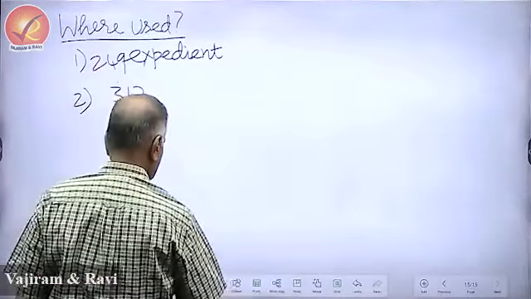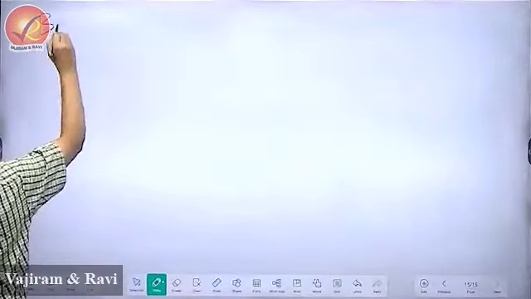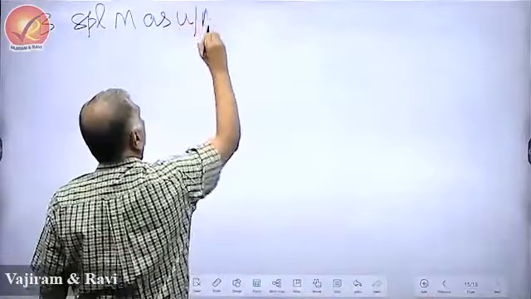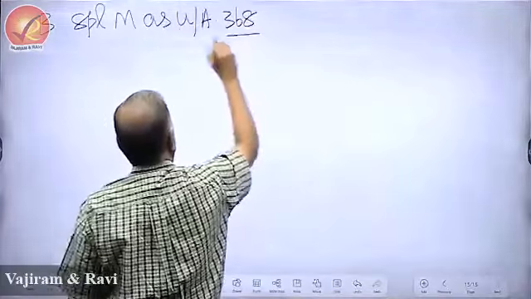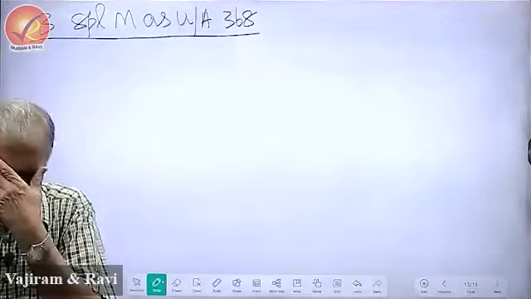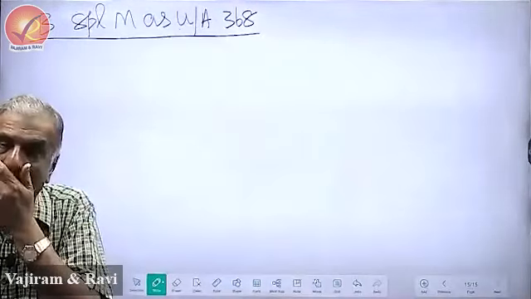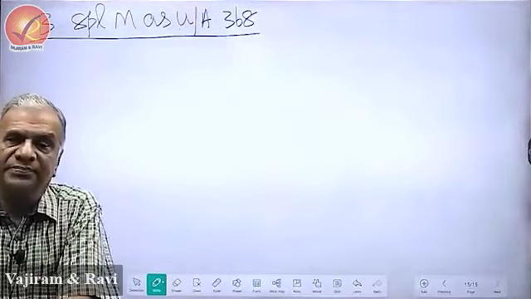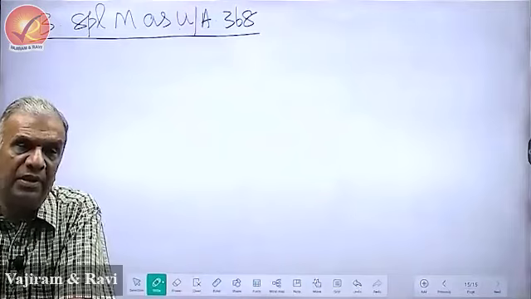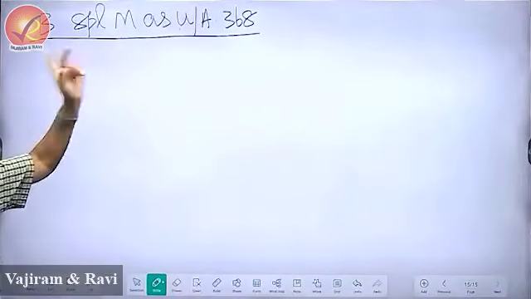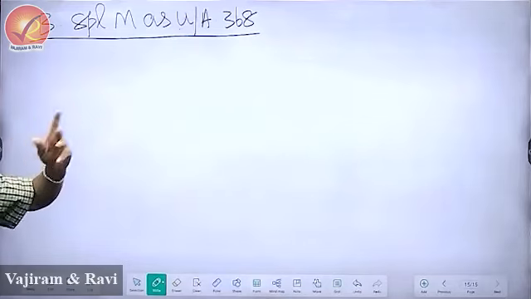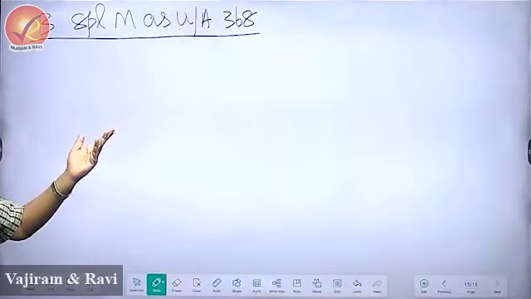Then the next is special majority as under Article 368. So, how is this special majority different from the earlier one? Under this special majority, two conditions are to be satisfied. In the earlier special majority, there was one condition, that is not less than 2/3 of the members present and voting.